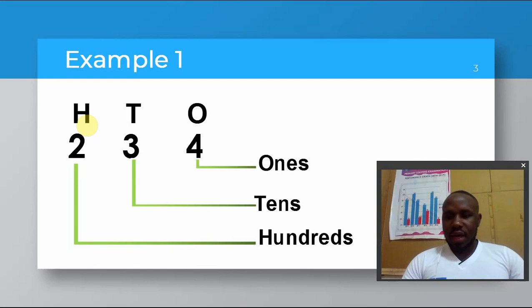Okay, that is it. So from the digits that were given to me, that is 2, 3, and 4, we can say the place value of 4 is ones, the place value of 3 is tens, the place value of 2 is hundreds.